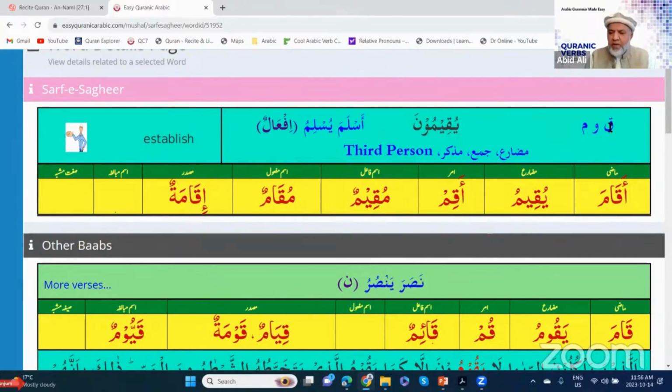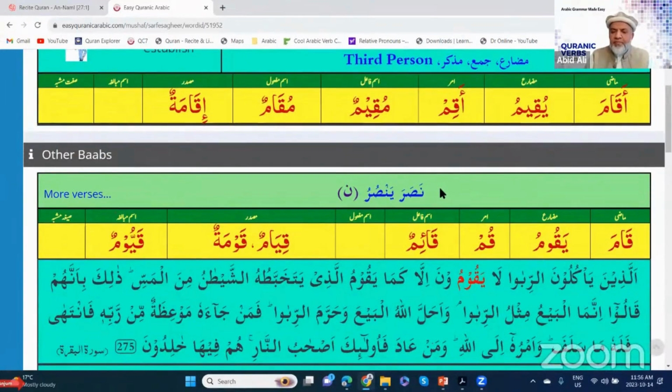If we have to make the madi out of Qaf, Waw, Mim, and the pattern is Aslama yuslimu, then it will be Aqama, and the mudari will be yuqimu. Right now, are we learning only the fi'l madi? The fi'l madi is Aqama, and the mudari will be yuqimu. Also remember we said we want to learn the amr and nahi, how do we give a command? The command will be Aqim.